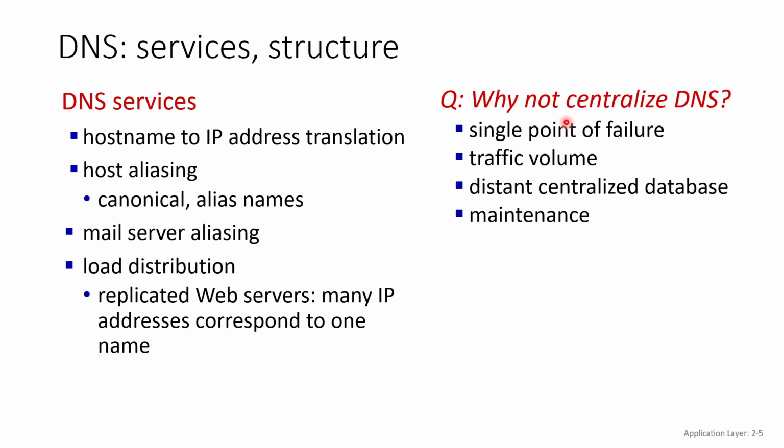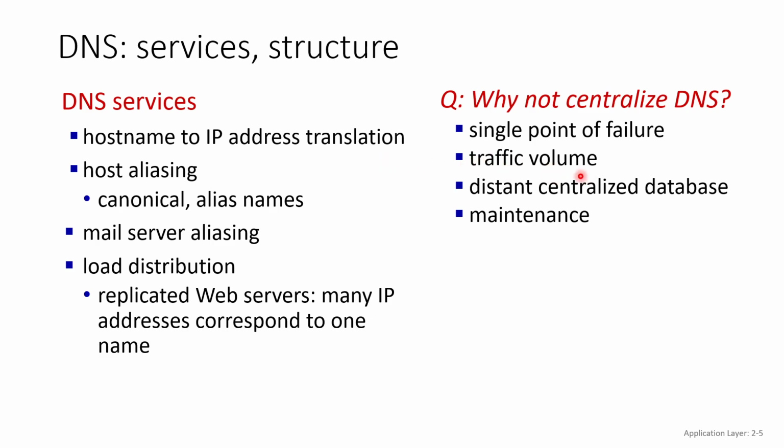Why not put it at a single place so that we have maybe quicker responses? Things will not be quick if you have a unique DNS server. The very first reason is that we have a single point of failure. And a single point of failure is bad because the server will crash. If the server crashes, and that's where all the requests go, then the internet will crash as well.